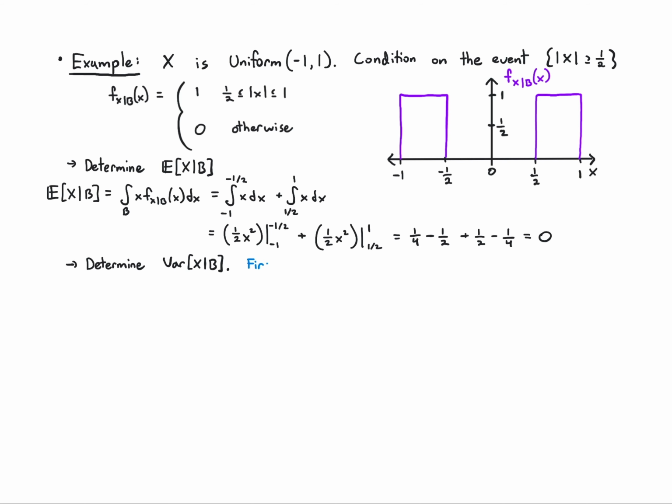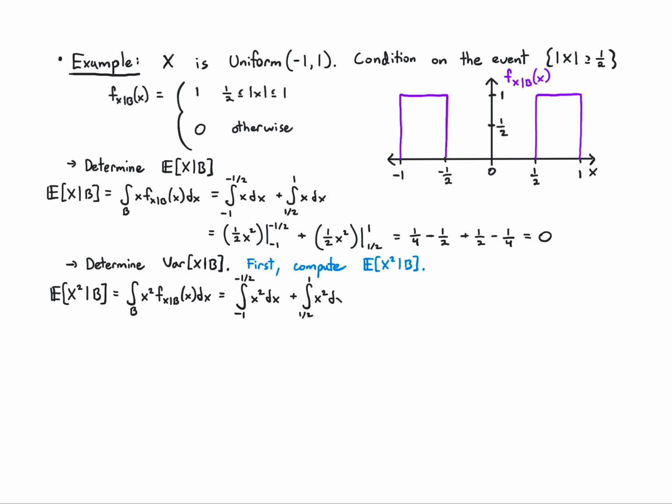First thing I should do to make my life a little bit easier is first get E of x squared given B, and I'll use the alternate variance formula. So E of x squared given B is just the integral over B of x squared times the conditional PDF. That's going to be the integral from -1 to -1/2 of x squared dx plus the integral from 1/2 to 1 of x squared dx.